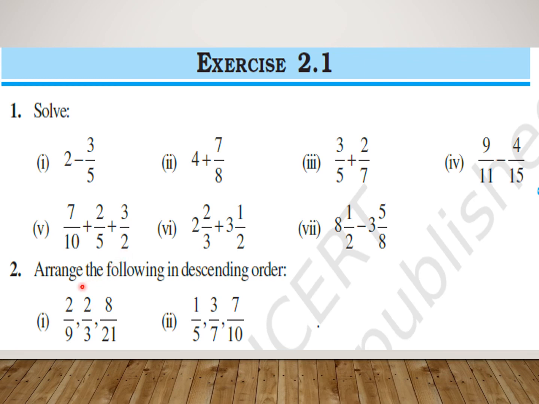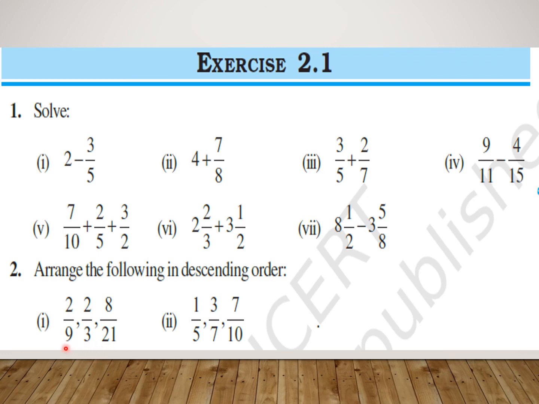Okay. In question number 2, you have to arrange in descending order. Descending order means first the largest one will come, then less than that, and then the least one. Okay, again same procedure. There are 3 numbers, no issue. Take their denominators. You can see they are unlike fractions.